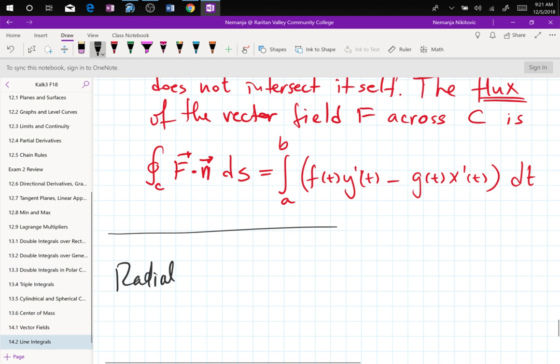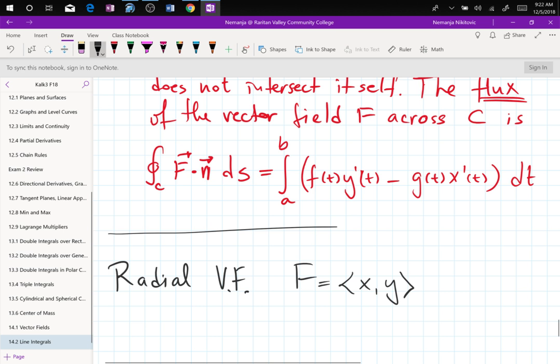So, radial. It's so difficult to use this pen now. Radial vector field, F of x, y. This is a radial one that shines the stuff out. We are expecting to have a value here.